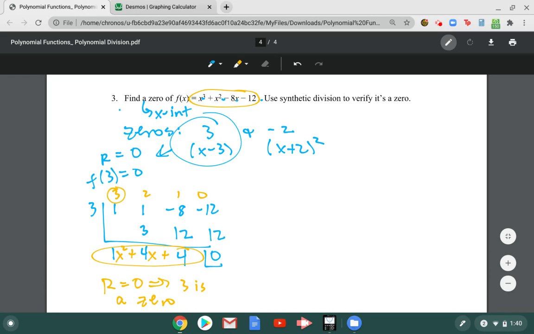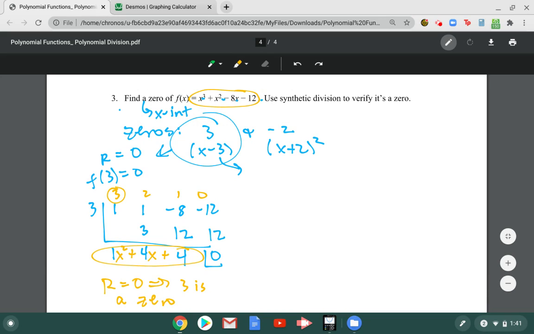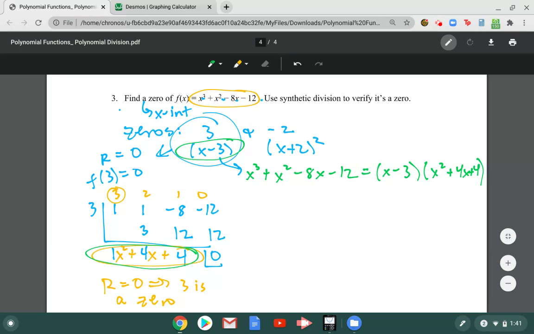The x minus 3 went in evenly, which means that my original polynomial could be divided evenly by x minus 3. So this is equal to x minus 3 times something. And that something is my quotient down here, so times x squared plus 4x plus 4.